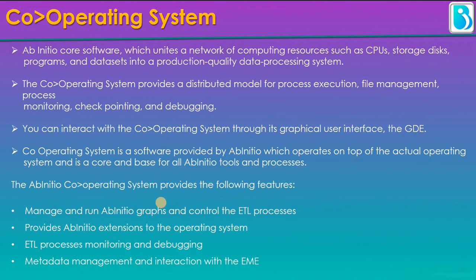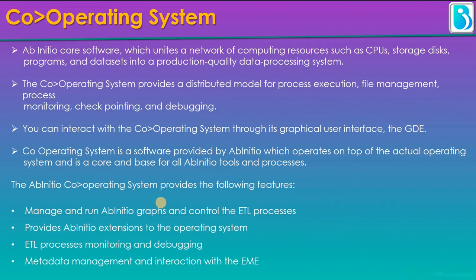The co-operating system provides a distributed model for process execution, file management, process monitoring, checkpointing, and debugging. You can interact with the co-operating system through its graphical user interface, which is nothing but GDE, which we have discussed in the previous slide.